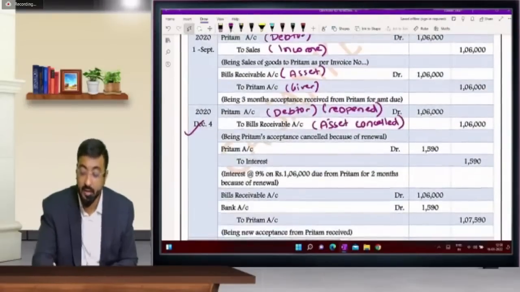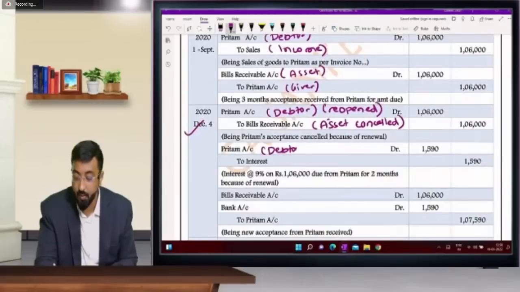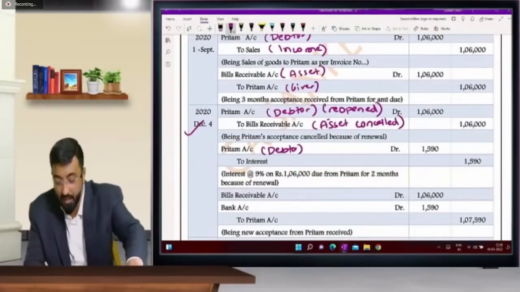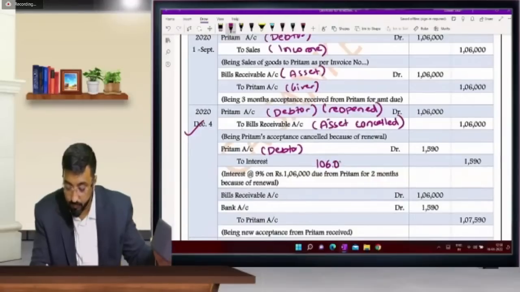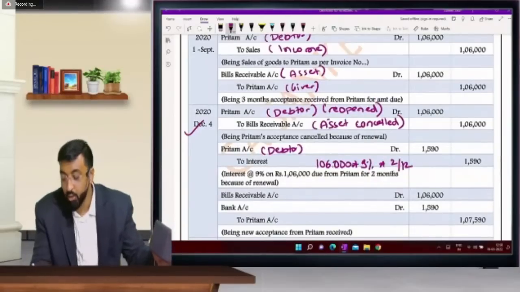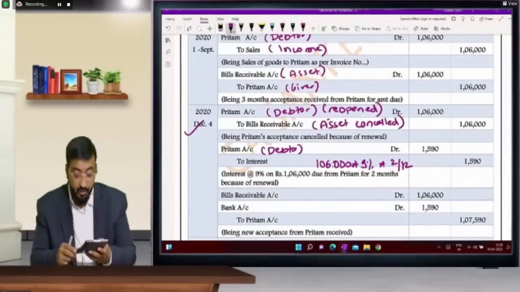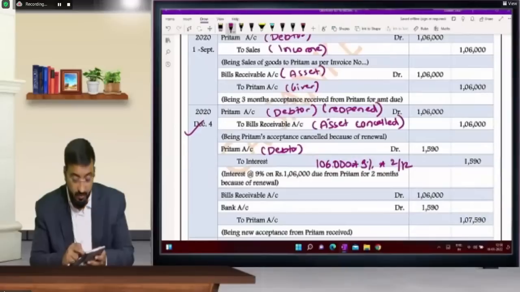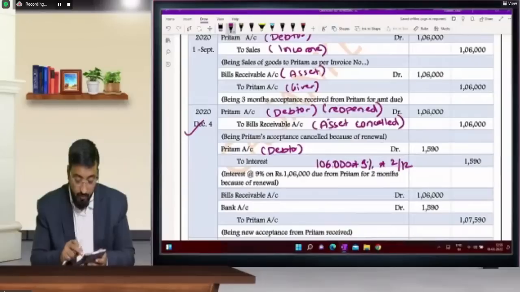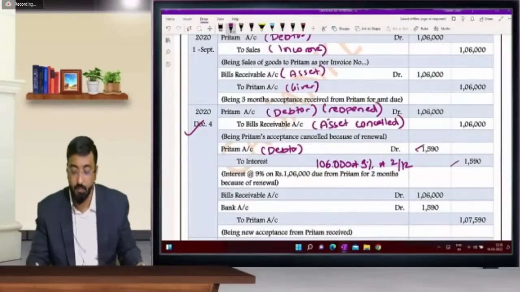Then again the interest entry. Now you can take the calculator: 1,06,000 into 9% into 2 months fresh bill. You are going to charge some interest, and it will be your income. 1,06,000 into 9% into 2 by 12 is 1,590.